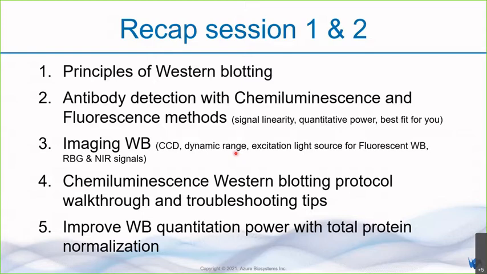And in terms of fluorescence Western blot, the choice of excitation light sources and also between RGB and near infrared signals makes a difference in your final data. Next, we walked through the chemiluminescence Western blotting protocol and talked about some troubleshooting tips. And finally, we touched a little bit on total protein normalization, which will greatly improve your Western blot quantitation power.